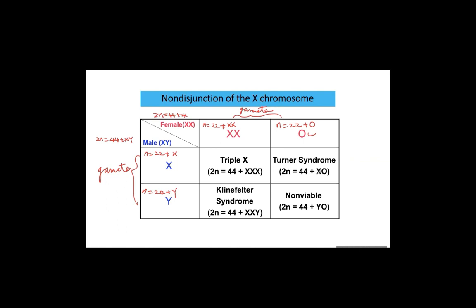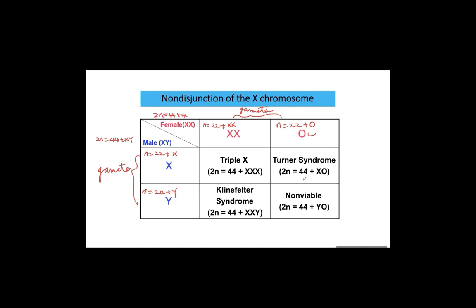When this gamete fuses with the male gamete, you get 2n equals 44 plus XXY. In this case, 2n equals 44 plus YO.